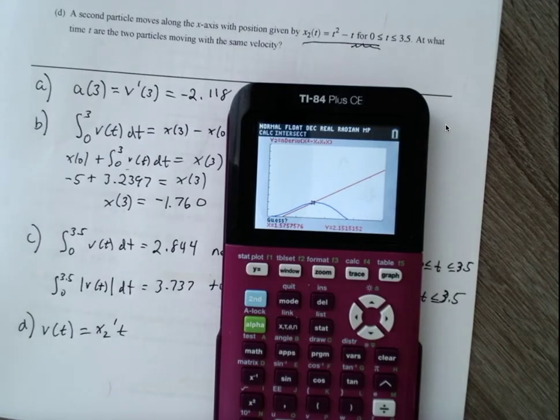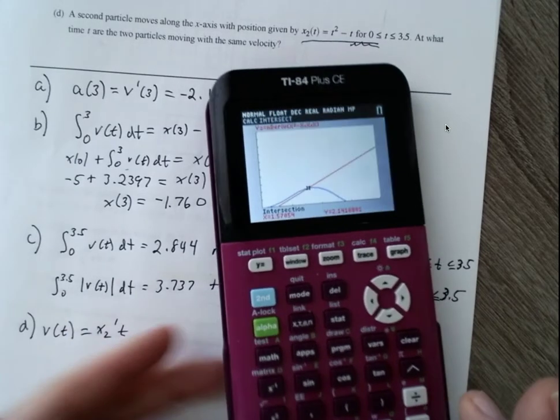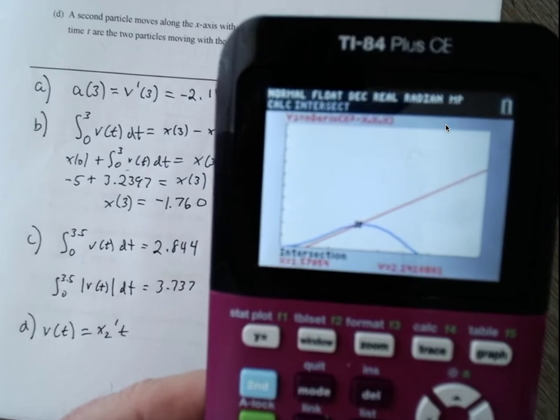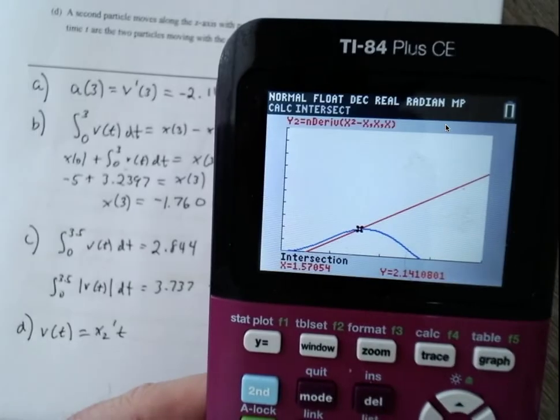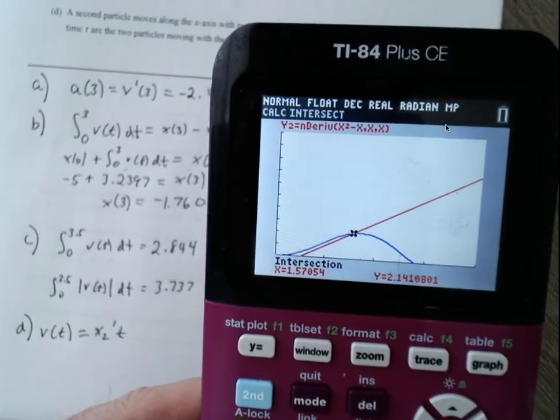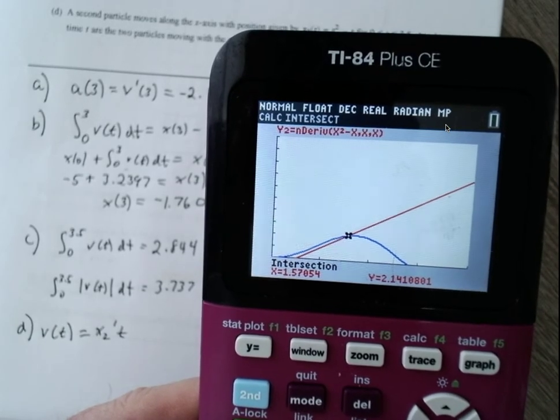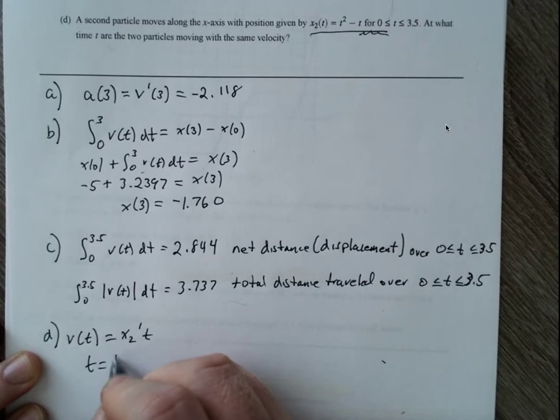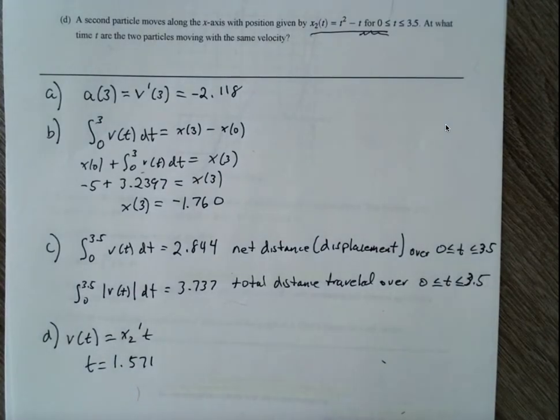The guess, my curve is pretty close, and there's only one intersection in our window anyway. Go ahead and hit enter. And I get a value of, can't see it there, let's focus in on that a little bit, 1.5705 or 1.571. So we're just going to write t equals 1.571 is our time.